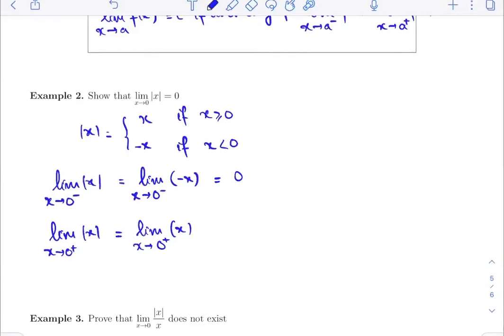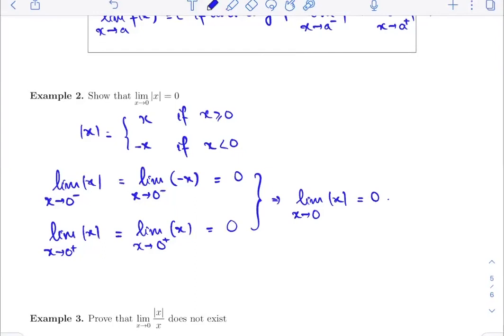Again, if you apply direct substitution, this is equal to 0 as well. From these calculations, the left-hand limit equals the right-hand limit and they are equal to the same value. Therefore, you can conclude that the limit of the absolute value function as x approaches 0 is equal to 0.